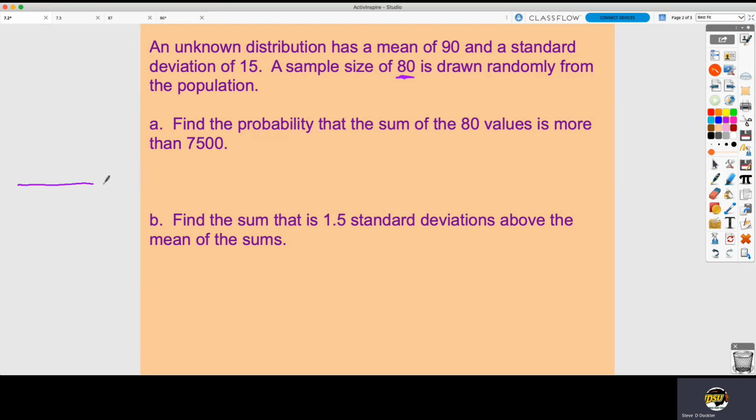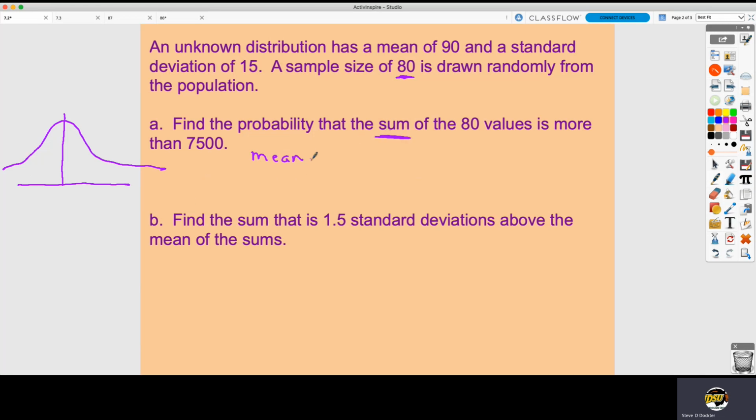So what we could do here is draw in a bell curve to show what's going on. What number do we need right down the middle of our bell curve? It is not 90 this time. Good try. We normally need to find the mean, right? Well, this time we're finding the mean of the sums.